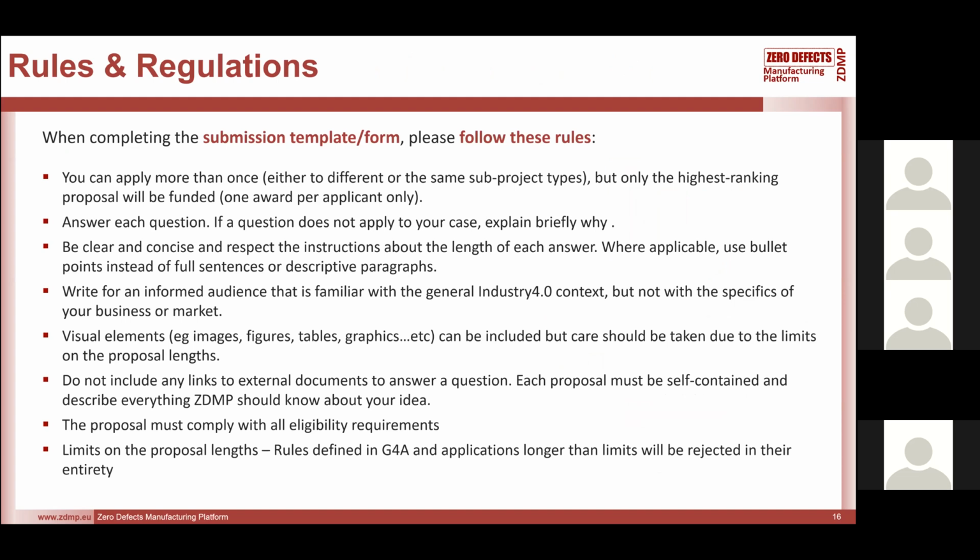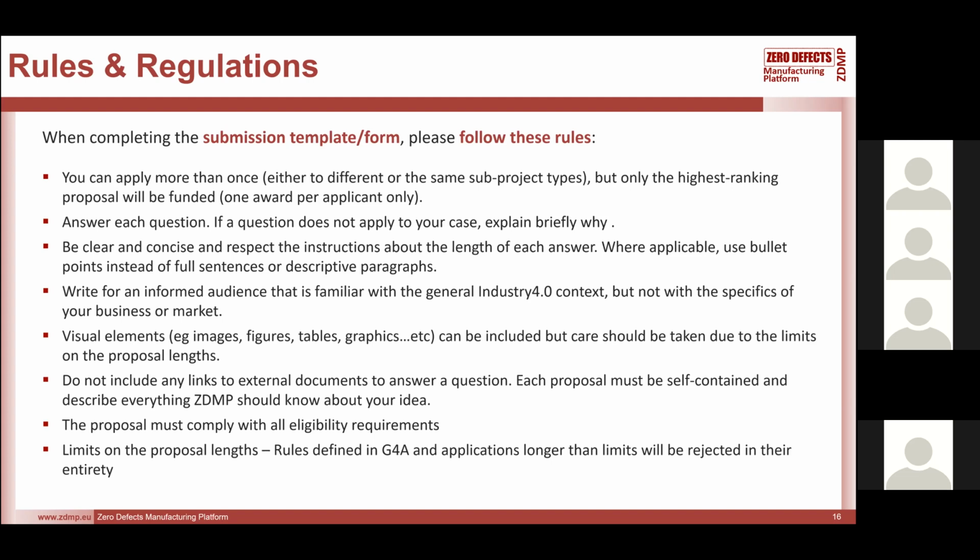Some of the rules and regulations surrounding the proposal and the submission, these are all fairly standard things. I'll go through them quite quickly. Nothing's too complicated. You can apply more than once. The important thing here is that it is 2 different projects, and they need to be significantly different. And this also applies to anybody who's planning to apply from Open Call 1.